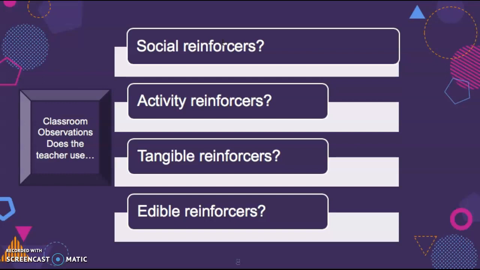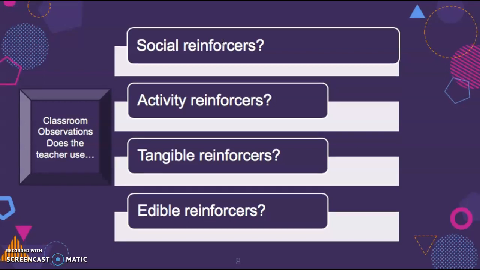Activity reinforcers can be fun things that you can add into your reward system. Tangible reinforcers can be, for example, adding marbles into a marble jar and then the whole class can get a prize. Or edible reinforcers can be treats that students can be motivated to behave appropriately.